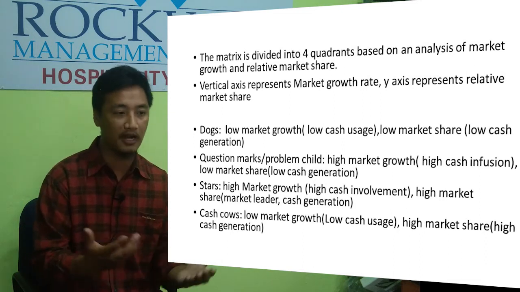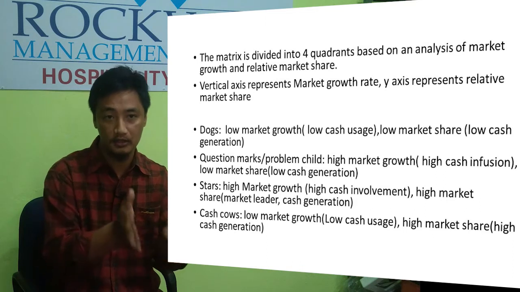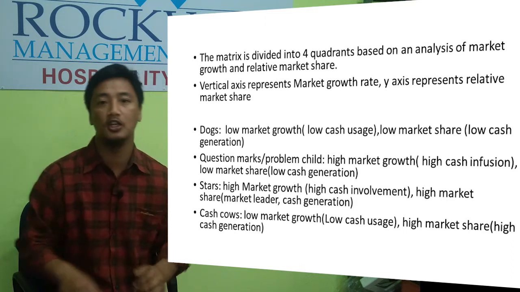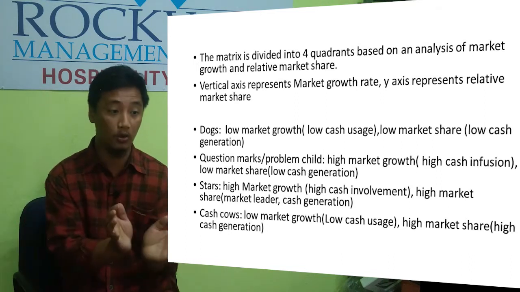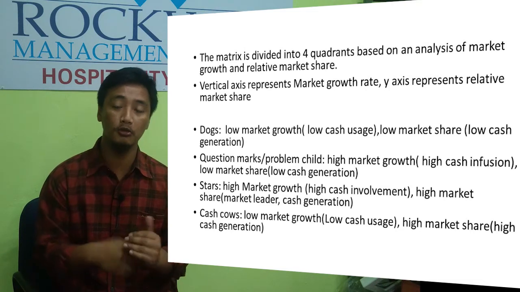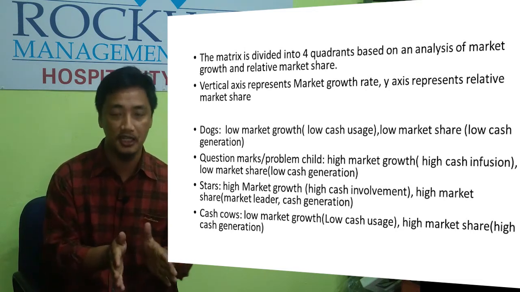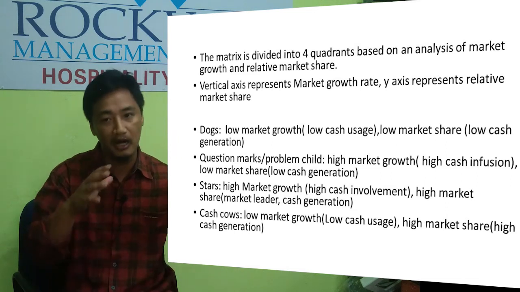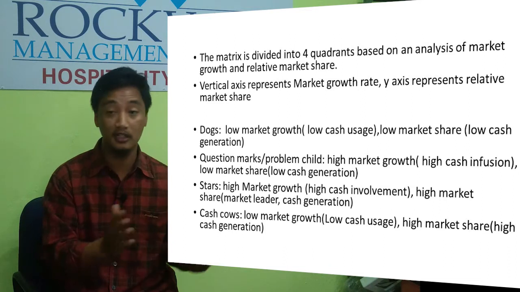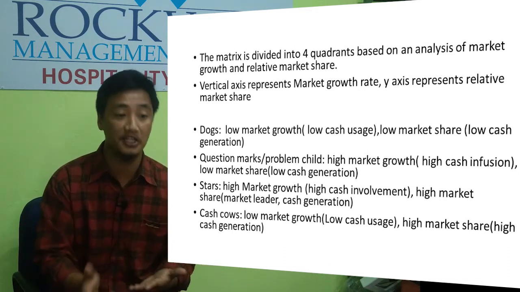Dogs have low market growth, meaning the market growth of the product as a whole is low. So there would be low usage of cash. We would be infusing little cash because the market itself has very slow growth. The other characteristic is that we have low market share as well.